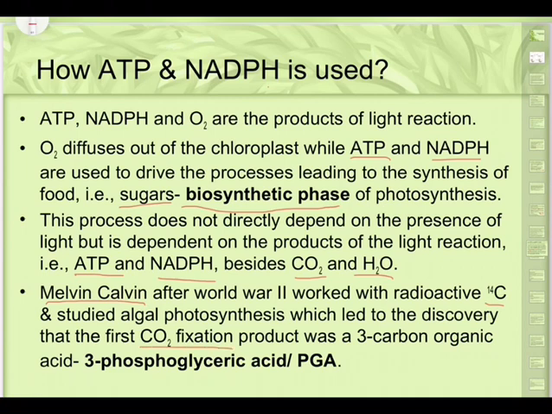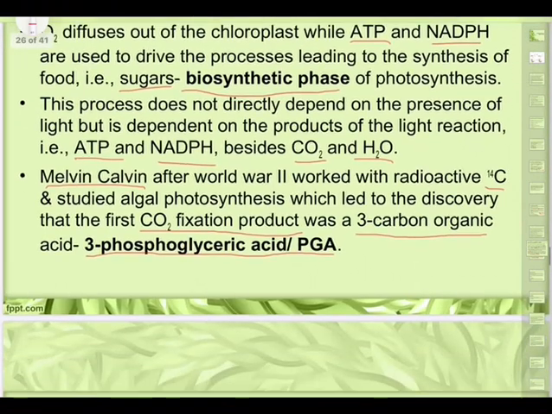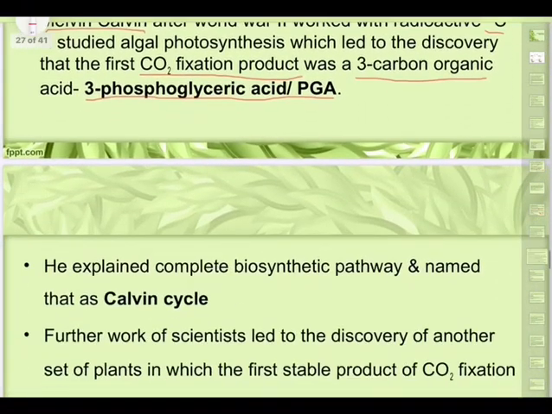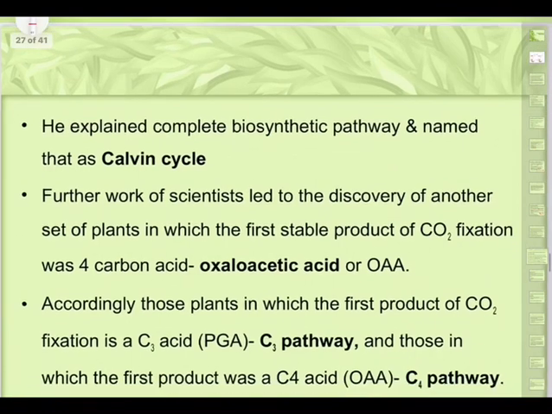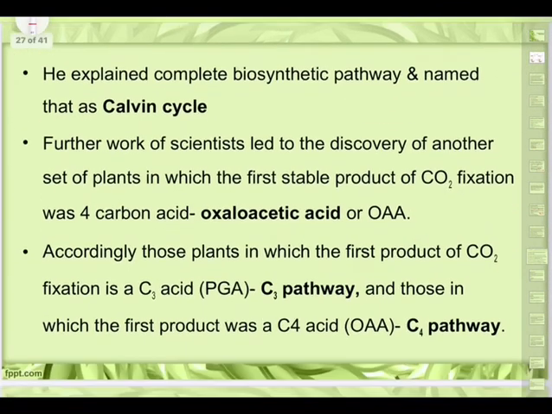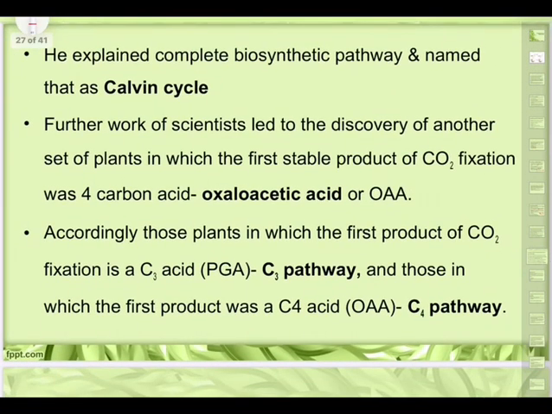and H2O. And we must be thankful to a great scientist by name Melvin Calvin. After World War II, he worked with radioactive C14, radioactive isotopes, and studied algal photosynthesis, which led to the discovery that the first CO2 fixation product is a 3-carbon organic acid. It is called 3-PGA.